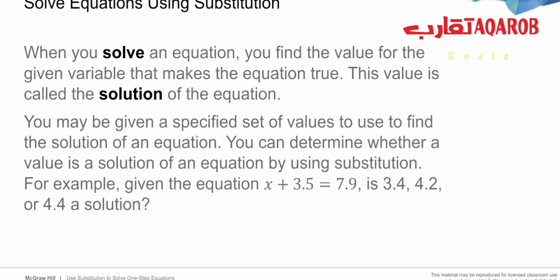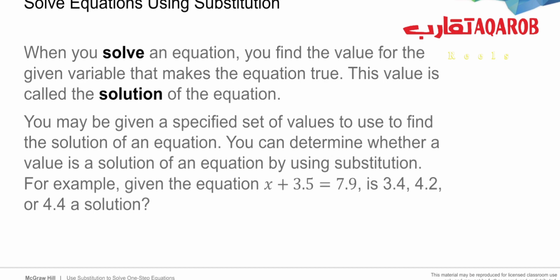When you solve an equation, you find the value for the given variable that makes the two sides, to the right and to the left of the equal sign, the same. When the two sides are the same, this is a true equation.